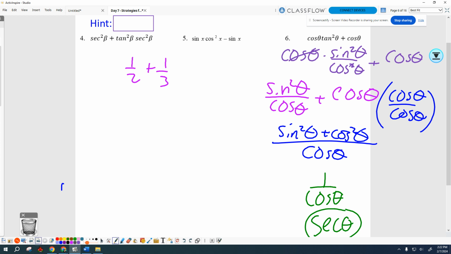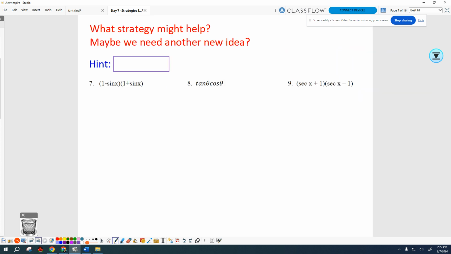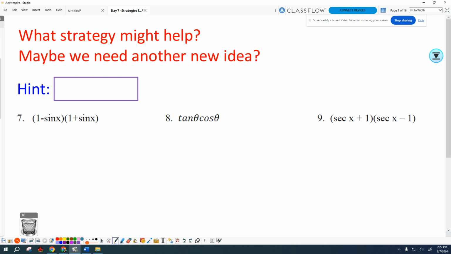All right. What do you think we do on number 7 here? Carolina, what's your suggestion for number 7? One minus sine x times 1 plus sine x.